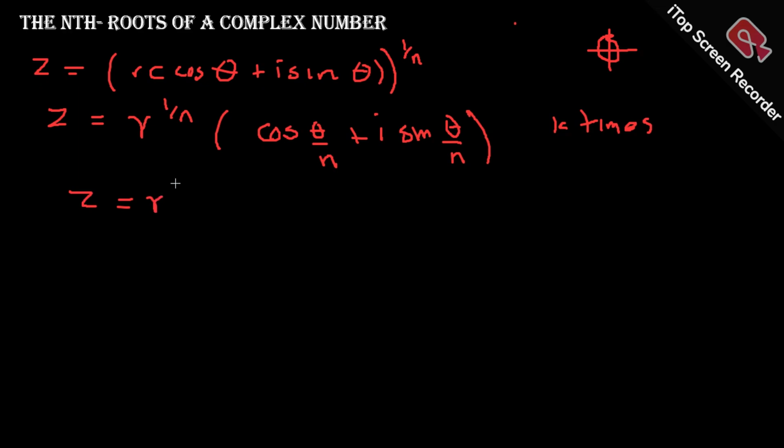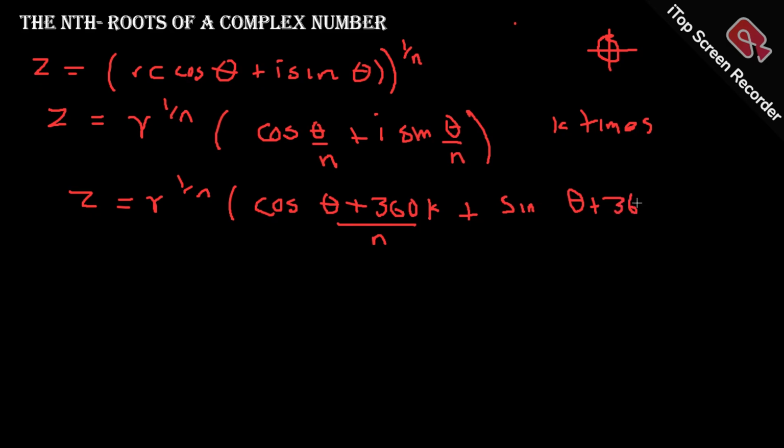Okay, so this is the same as cos of theta plus 360k over n. You haven't changed anything here. Same applies to this one. You add 360 multiple times, which is k times over n. This is the way it is.